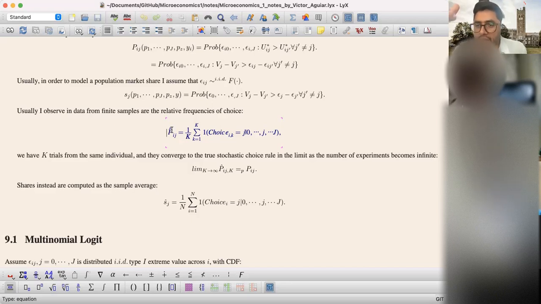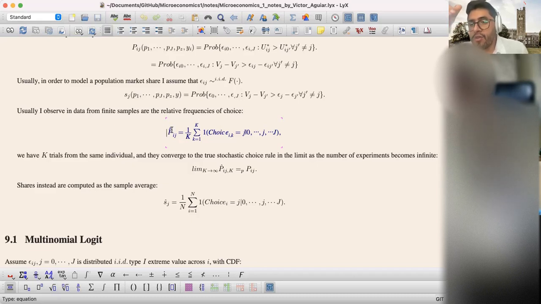Now, all our analysis here, because we're focusing more on the behavioral part, is going to be done as if we already estimated a perfect estimate of S, or the probability. So for us, the share or the probability is going to be the true probability, the true share. We're not going to mess with the sample variability, and we're not going to mess with statistical testing.